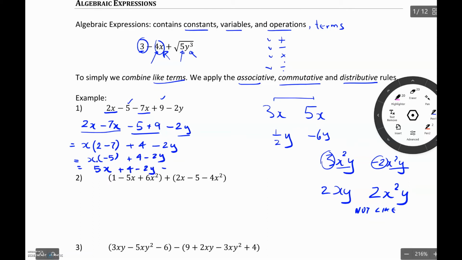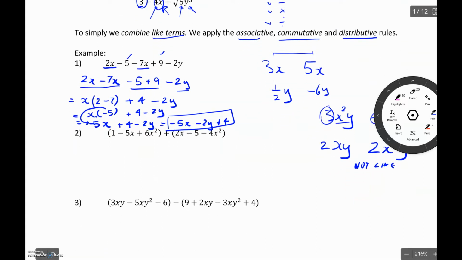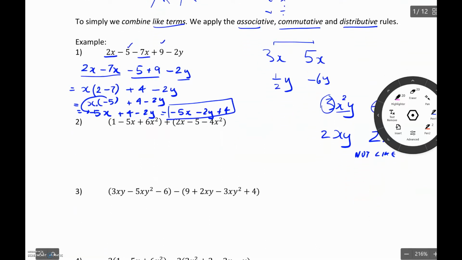Now, we could also write this as, sorry, this is a negative 5x here. We could write this as negative 5x minus 2y plus 4. It makes no difference. I sort of made a mistake right here. There should have been a negative 5x, so just make note of that. That's a negative 5x. So this now is the correct answer. Right? Let's move on to the other one.